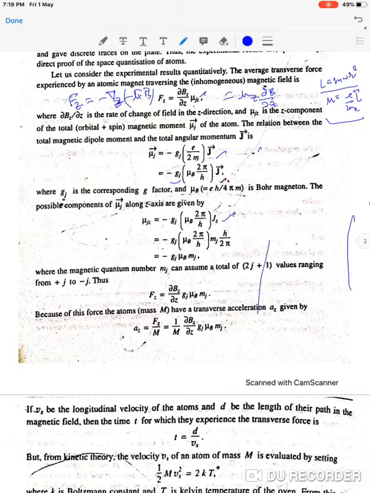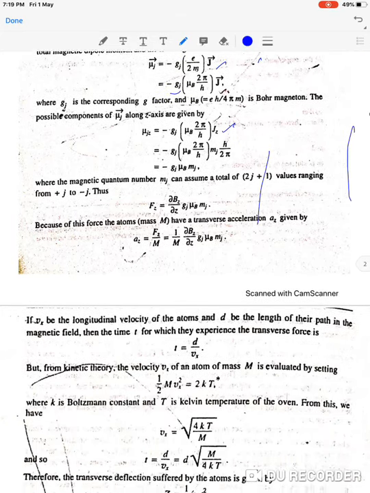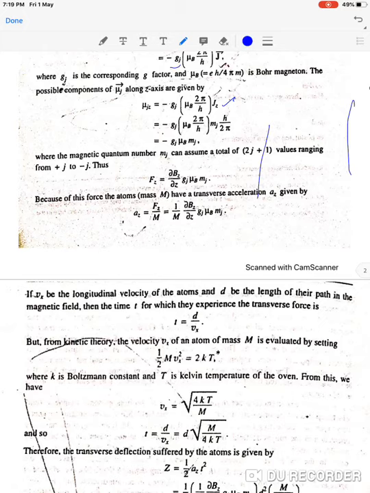The possible component of mu J along the z direction is given by mu Jz, which involves the Jz value, the projection of J in the z direction, the changing magnetic field direction. So mu Jz comes out to be minus gJ mu B 2 pi upon h, mJ h upon 2 pi. Then mu Jz is equal to minus gJ mu B mJ.